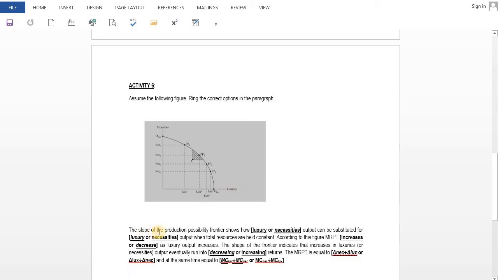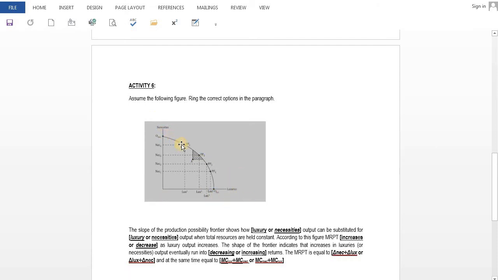Now, the slope of the production possibility frontier shows how luxury or necessity output can be substituted for necessity or luxury output when the total resources are held constant. By looking at this graph, what did we say? On the vertical axis we have necessities, on the horizontal axis we have luxuries.